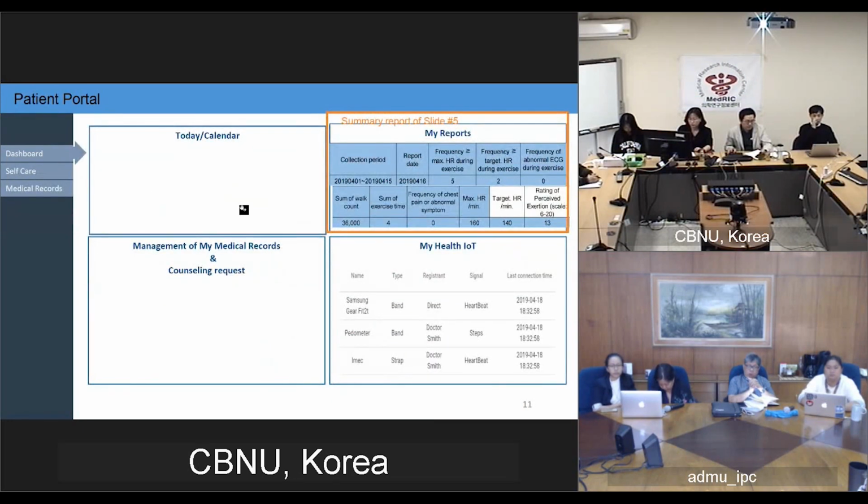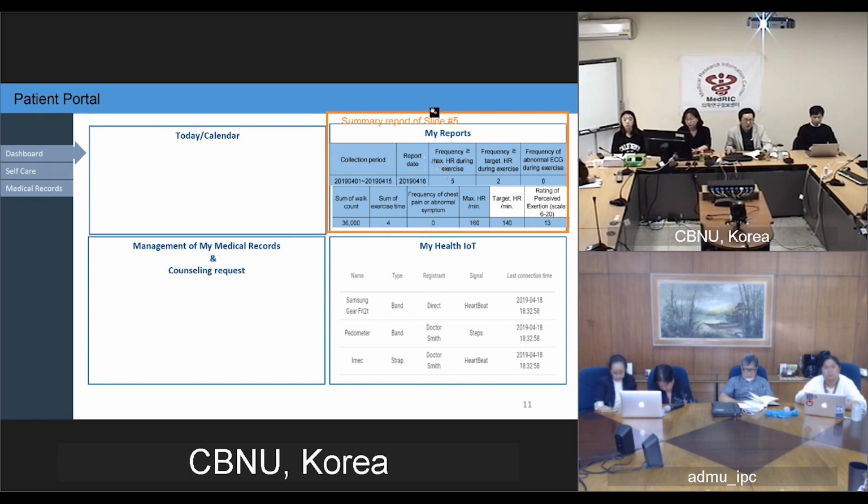So at the patient portal, the patient portal dashboard has 4 sections like the MD's dashboard, which include the appointment calendar, my report and management of my medical record, counseling requests to the physician, and my health IoT.